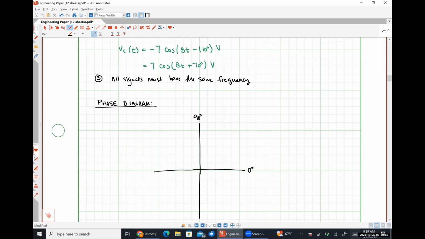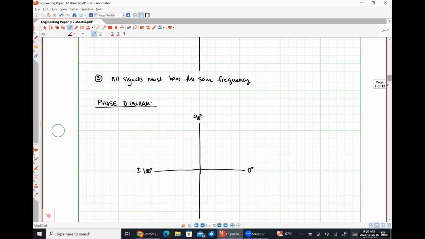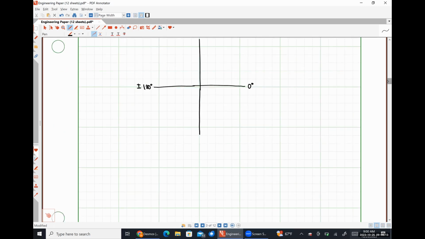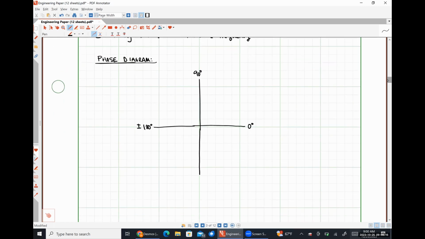The negative horizontal is plus or minus 180. And then the negative vertical axis is negative 90 degrees.